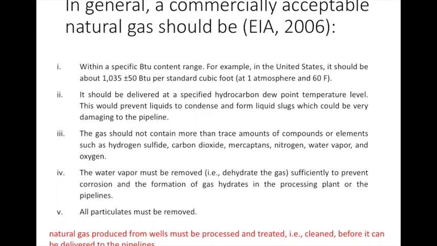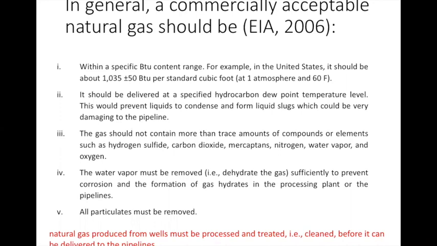So we don't want much liquid slug to be generated, and therefore it should be worked at the dew point temperature level. Next, the gas should not contain trace amounts of compounds like hydrogen sulfide, carbon dioxide, mercaptan, nitrogen, water vapor, and oxygen. All this has to be removed.